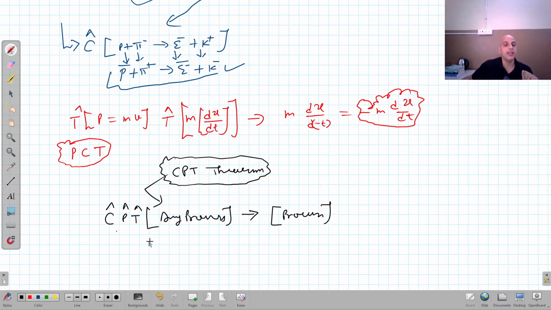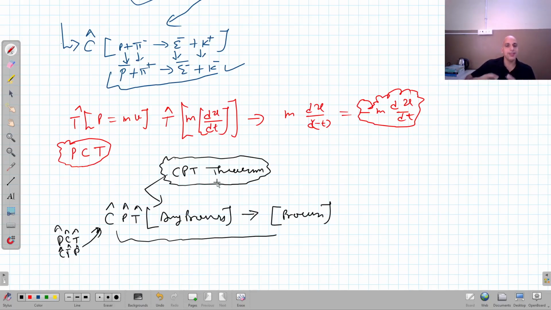This is the CPT theorem. Here it doesn't matter that we are taking C earlier, T later. If I write it in the form of PCT, then it is equally valid. If I write it as CTP, then again it is equally valid, right? But for convenience, we are calling it the CPT theorem.